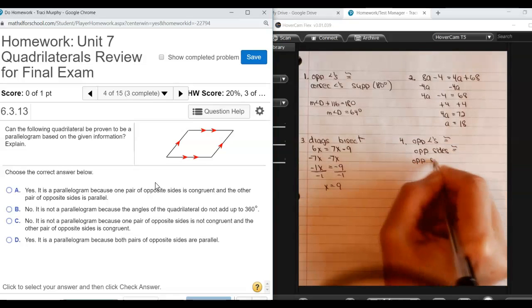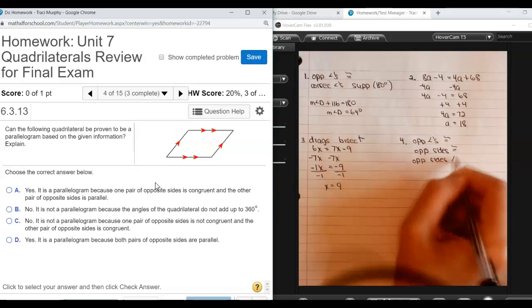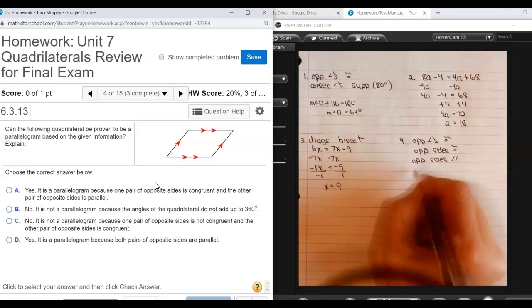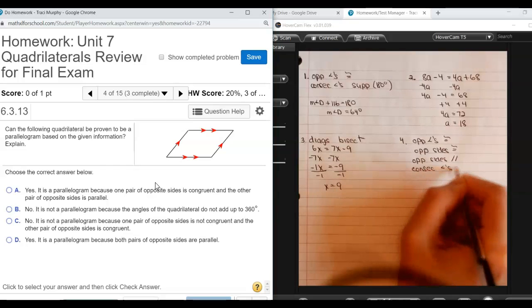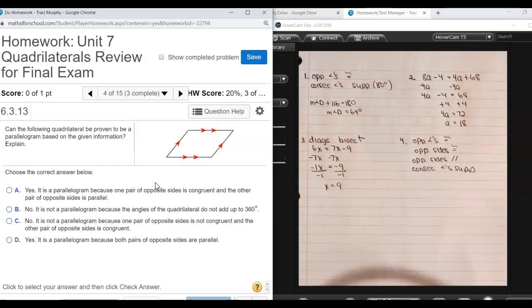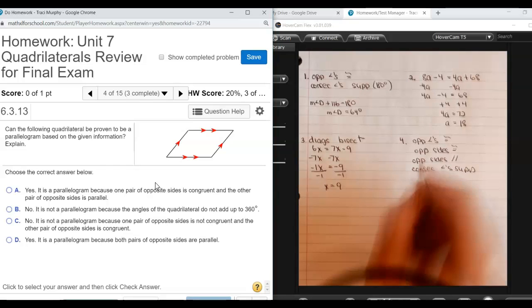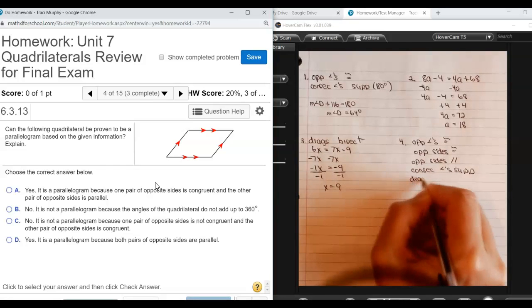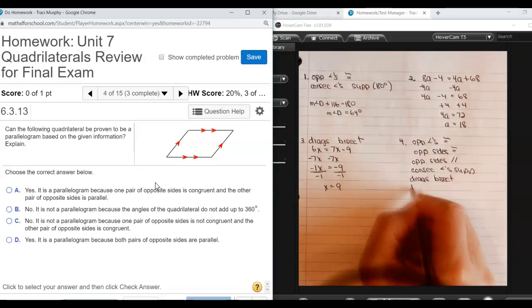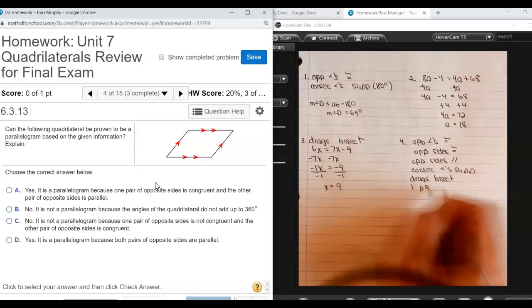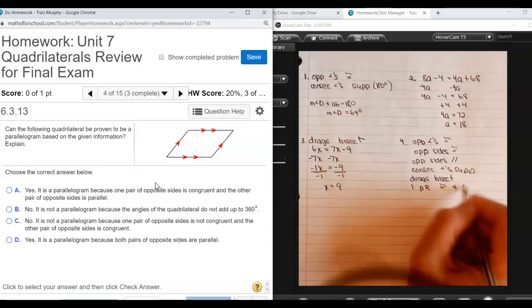If we have opposite sides parallel, it's a parallelogram. If we have consecutive angles are supplementary, it's a parallelogram. And we had diagonals bisect, and we had one other unique one, and that was where one pair, and it had to be the same pair, is congruent and parallel.